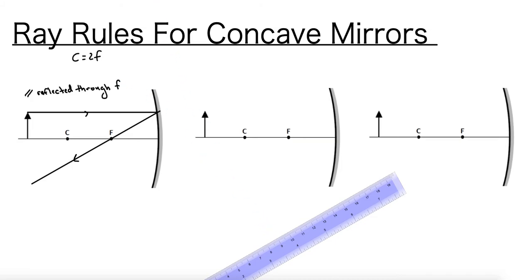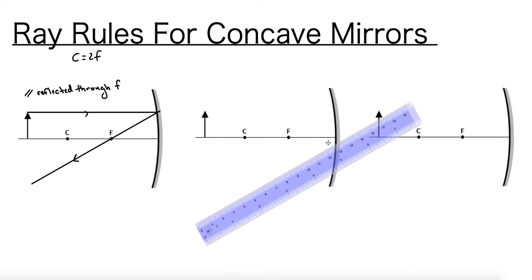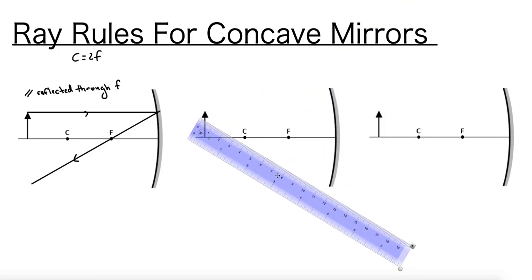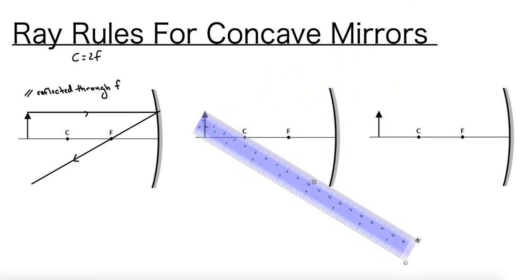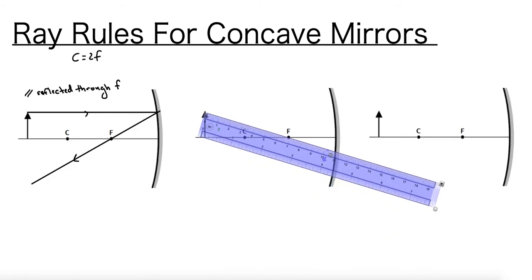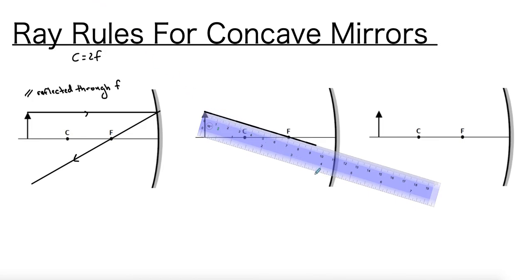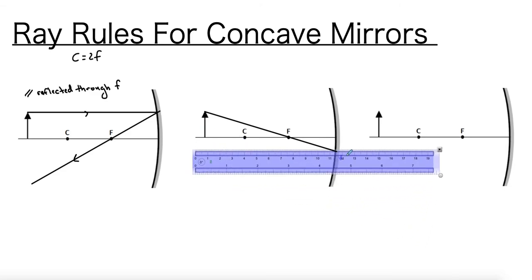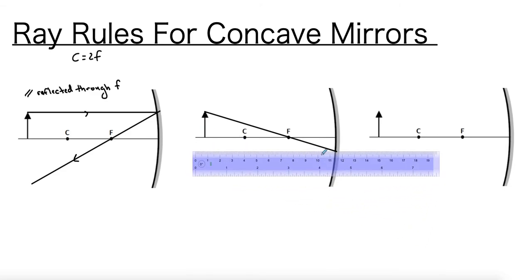Likewise, that actually works the other way around as well. So the next rule is if it goes through your focal point, if you line it up and draw a ray through your focal point, it's going to be reflected parallel.